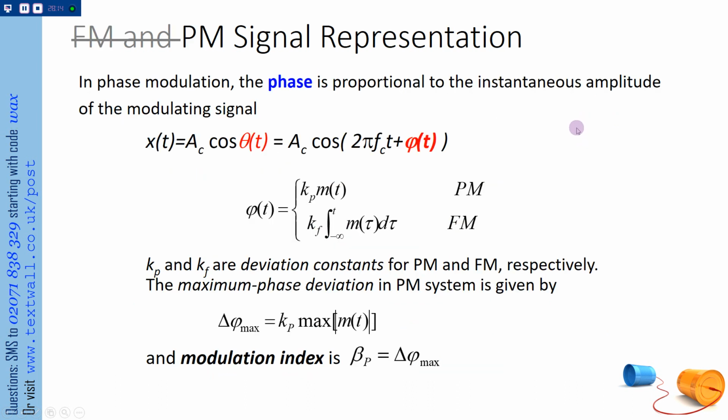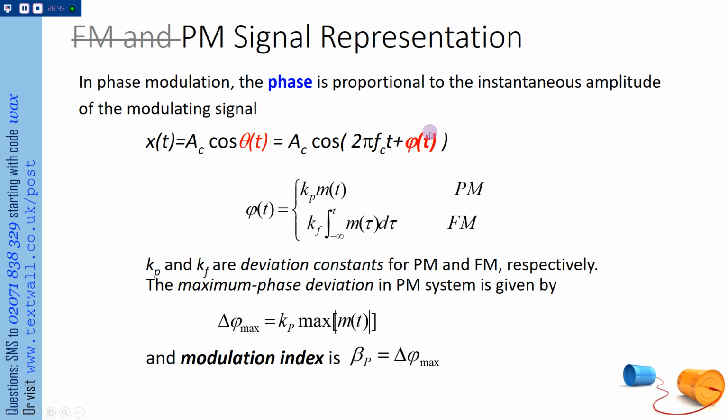Now, that was FM. Now let's look at PM. PM is slightly easier in the sense that your phase here is being added to what we would normally consider the carrier component. So instead of having delta F or delta omega, now we're talking about delta phi.